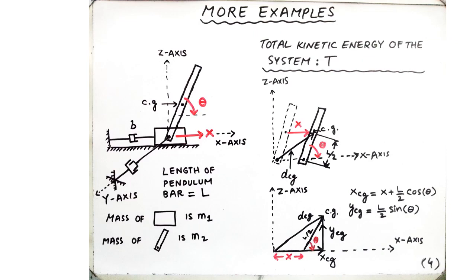In order to compute the total kinetic energy of the system, we shall first focus on the kinetic energy of the pendulum bar. As mentioned earlier, the kinetic energy of the pendulum bar contains both the translational and rotational components.